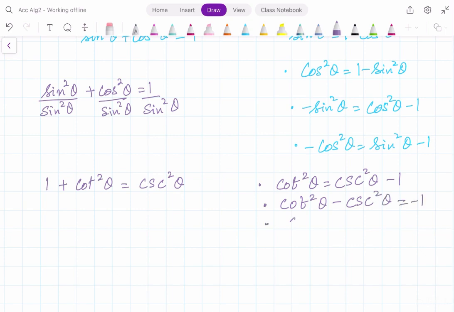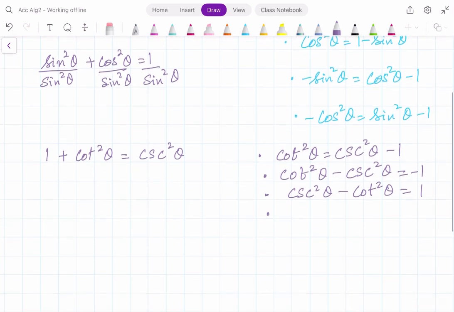We can have one more. Now let's do the other way. We have sine squared theta plus cos squared theta is equal to 1. That is our basic identity, right? So instead of dividing this Pythagorean identity by sine squared theta, let's divide by cos squared theta.